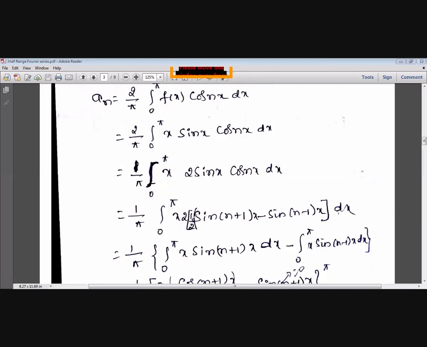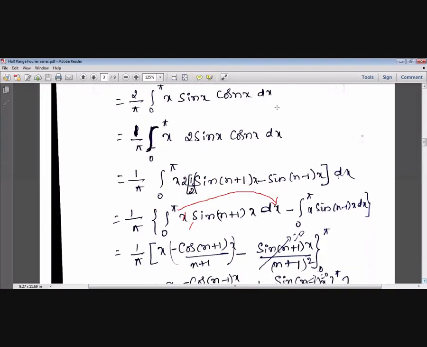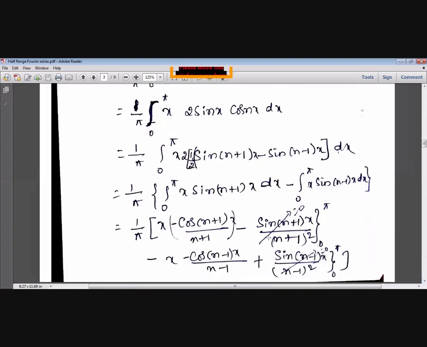Take this separately. This 2 will get cancelled with this 2. Integral of x sin n plus 1 x dx minus, we have to include this also, x sin n minus 1 x dx. Now use integration by parts.